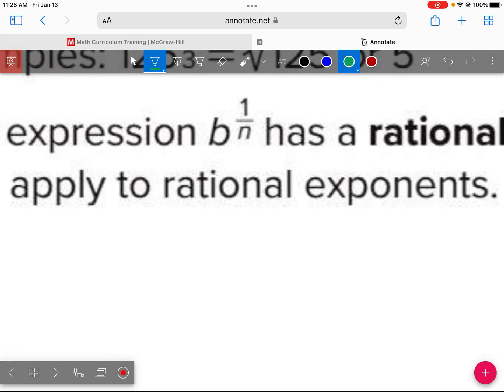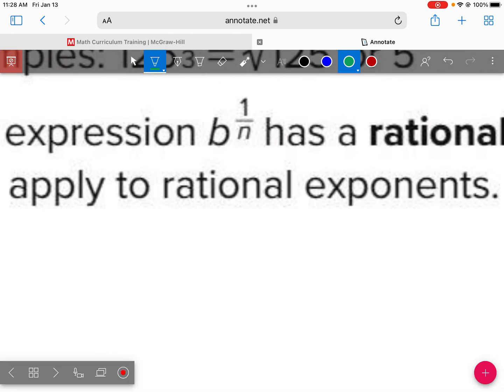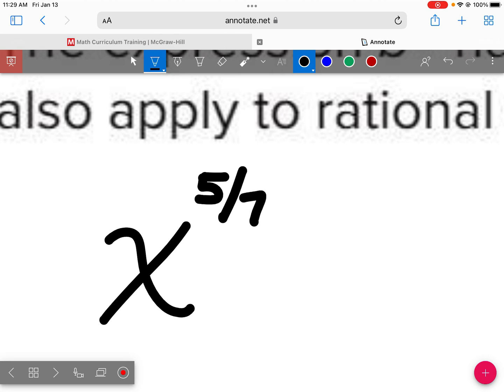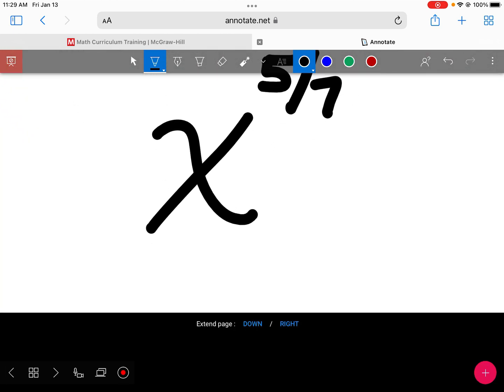All right. One more thing that I want to show you guys before we do some practice with this. Let's pretend I have something written in rational exponential form. Let's say I have x to the 5/7. This is exponential form.